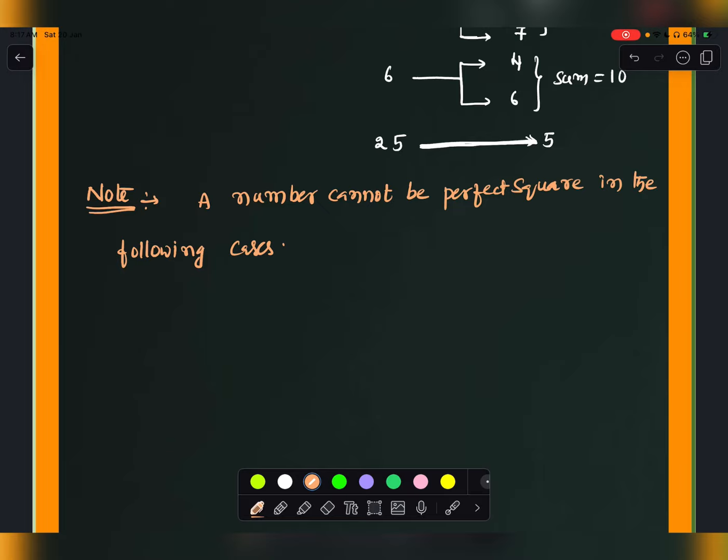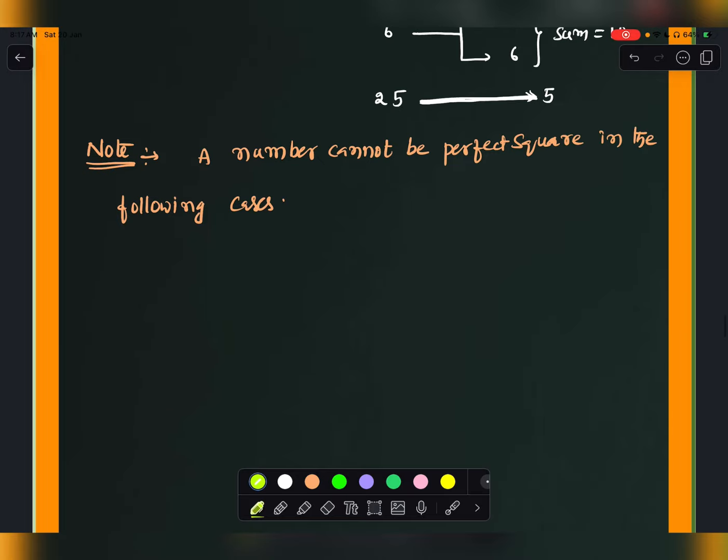First one, if it ends in 2, 3, 7 or 8, the number cannot be a perfect square.